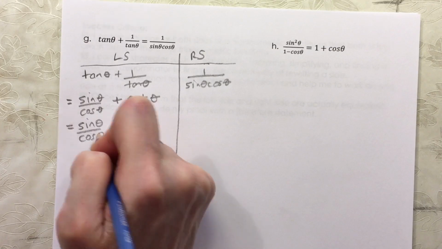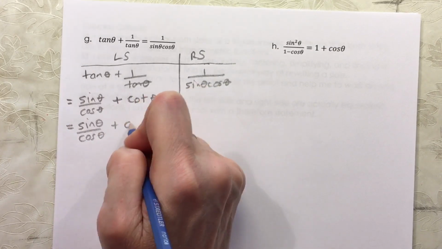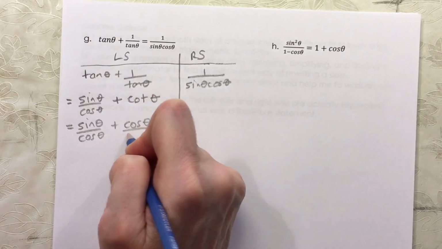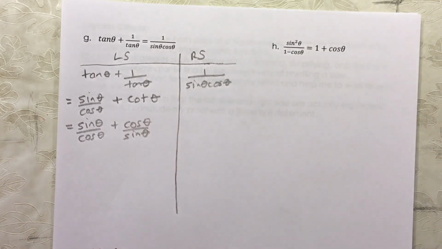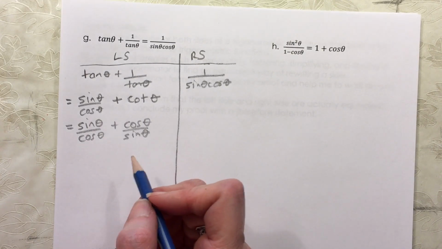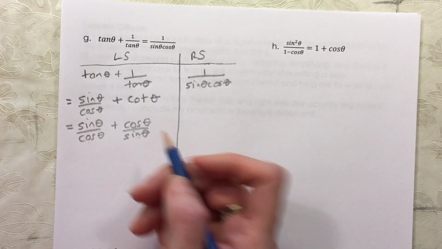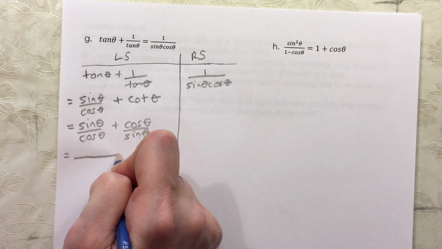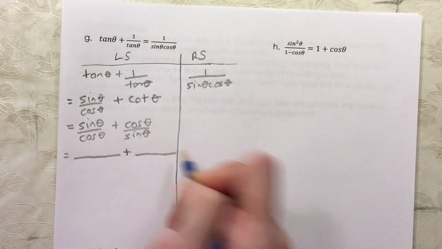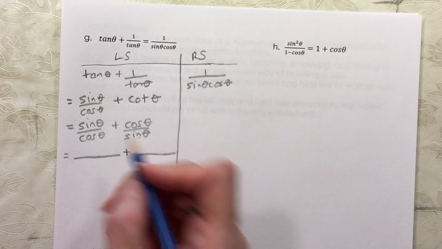And I know from my identity sheet that cotan theta is the same as cos theta over sine theta. So now I have two fractions to add together, which we've done before in a previous example. So we need a common denominator. The denominators are cos theta and sine theta. So the common denominator is going to be cos theta sine theta.